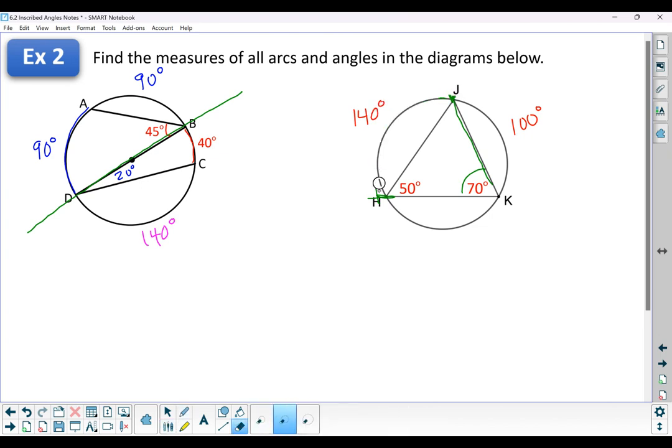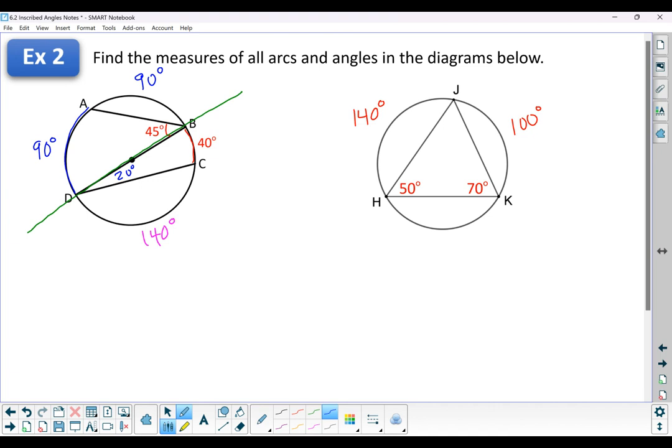Now there's a couple ways of thinking about this last arc and angle. I'm going to think about it from the perspective of arcs, and then I'll talk about it from angles. We have a circle that's 360 degrees. We know that we have an arc of 140 degrees and an arc of 100 degrees.